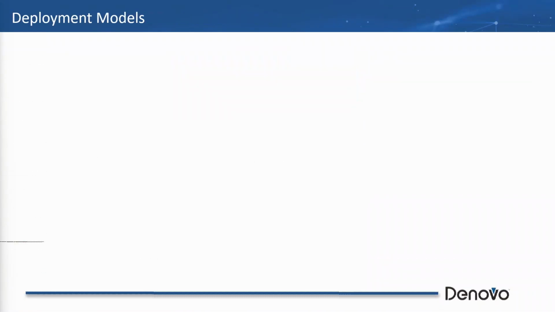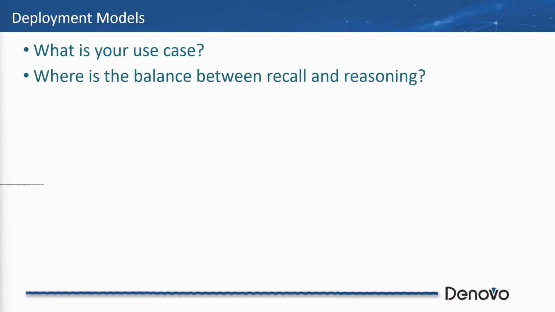So, deployment models. When you're thinking about this in terms of your company, think about, what is my use case? Start there, because everything else is going to flow from what your actual use case is. What is the balance between recall and reasoning?